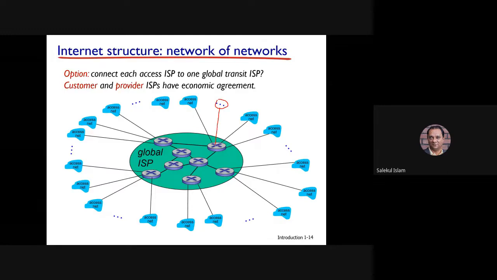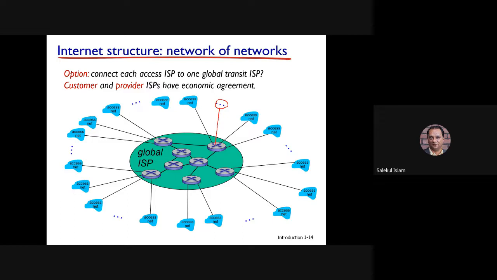Now the question is, who will be the owner of the global ISP? Okay, so we can say that on the earth where there are most of the users, depending on the number of users, we can put the global ISP there. Say, think that in China we have most of the internet users. Just consider that the global ISP is located in China.